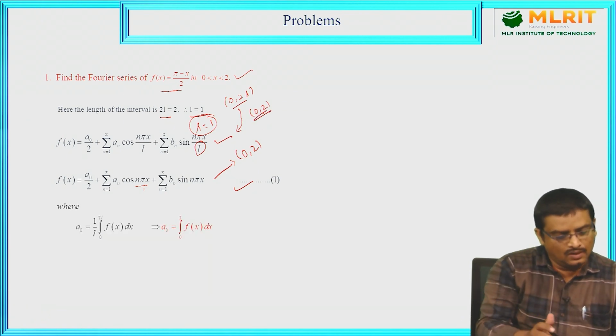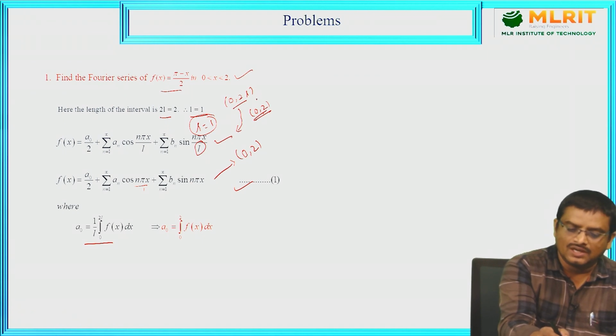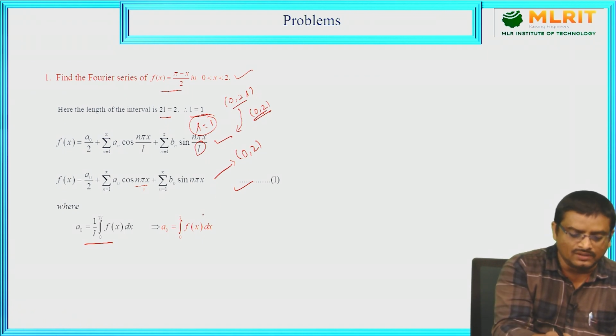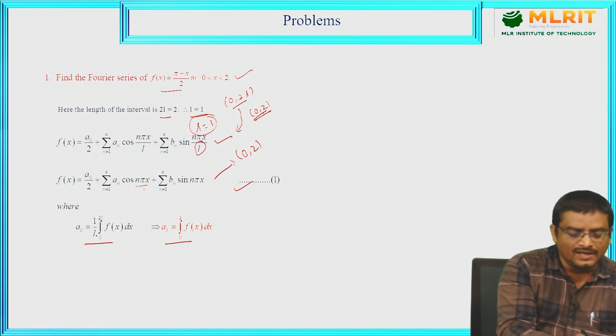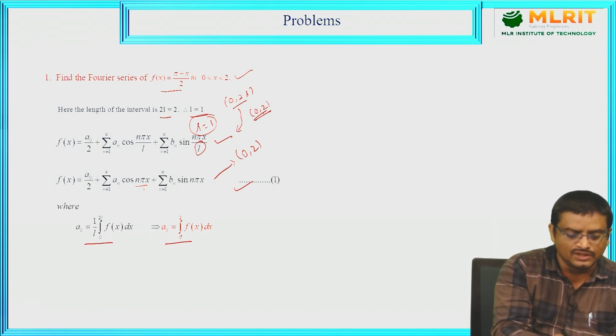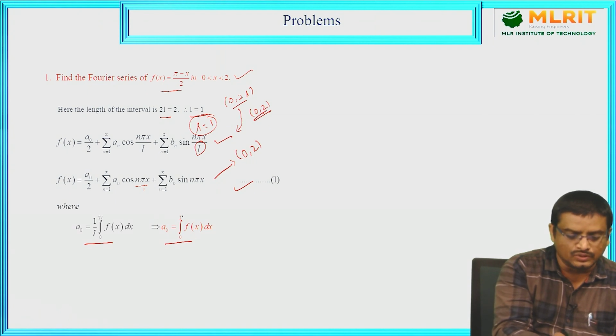Now a naught: first we take the standard formula in the interval 0 comma 2l, and then we replace that l with 1, and we get the standard formula to find out a naught. So a naught is equal to 1 by l, l is equal to 1, so 1 by 1 gives 1, integral 0 to 2l, which can be written as 0 to 2 because 2l is equal to 2 here, f of x dx.